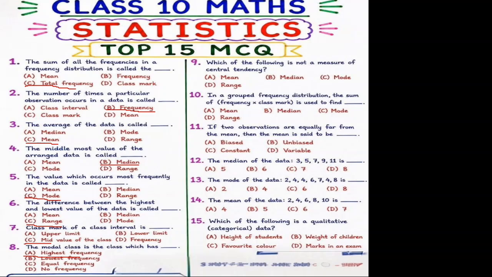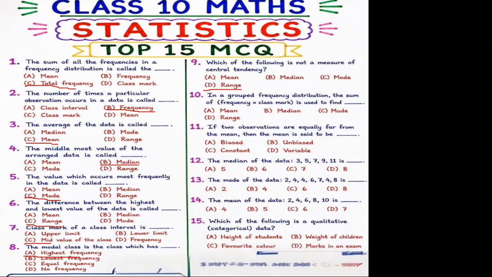A mean, B median, C mode, D range. The correct option is option D, which is range. Range is not a measure of central tendency, whereas mean, median, and mode measure center, while range measures dispersion or spread of the given data.